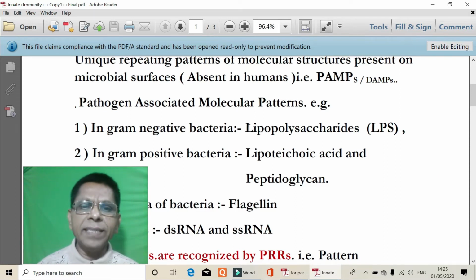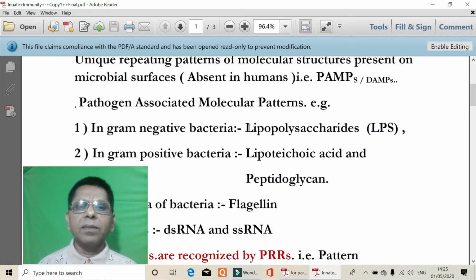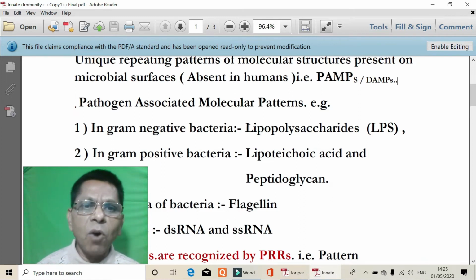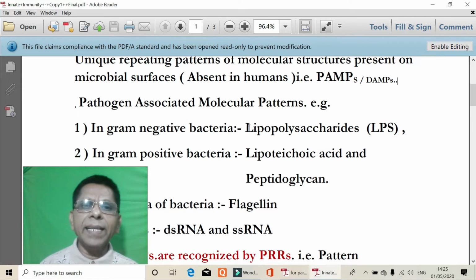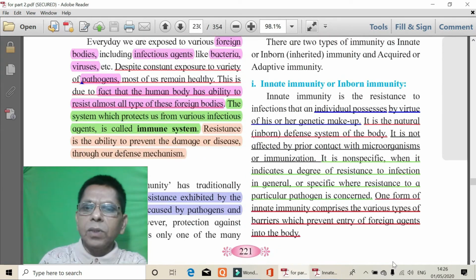So my dear friends, because of all these factors, we can say that the innate immunity system is less specific when compared to the adaptive immunity system.